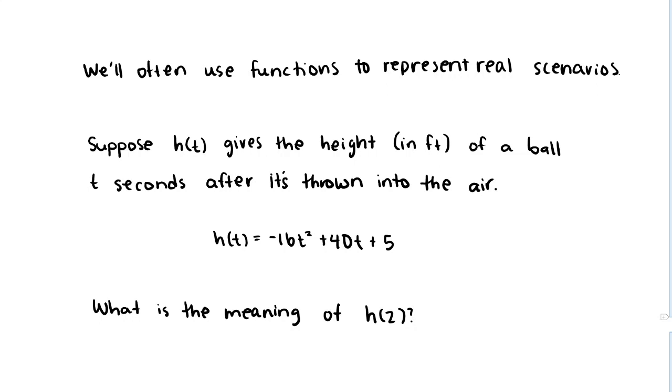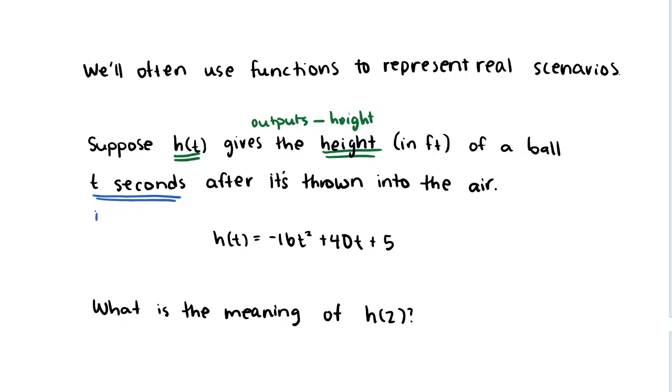Right, so in our description above, h of t, these are the outputs of our function. And we're saying these outputs give us the height of the ball. So the outputs correspond to the height of the ball. And our input variable is t, and we're saying that t represents the seconds after the ball is thrown.